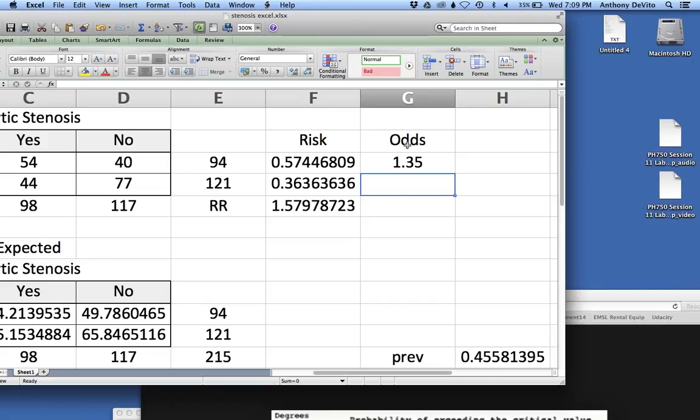People that have it versus people that don't have it within that row, right? So the odds are... Okay. What about the odds for non-smokers? The odds for non-smokers are 44 over 77.